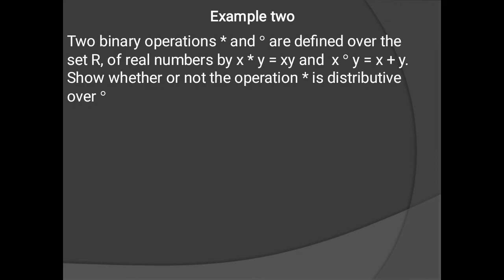Then example number 2. Example number 2 is saying that two binary operations, so you see the two operators have appeared. Two binary operations, star and this very one, are defined over the set R of real numbers by x star y is equal to xy.